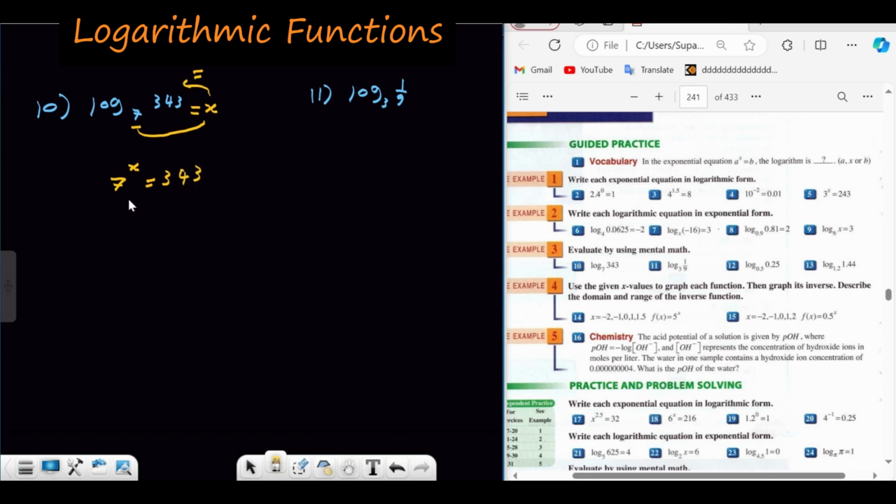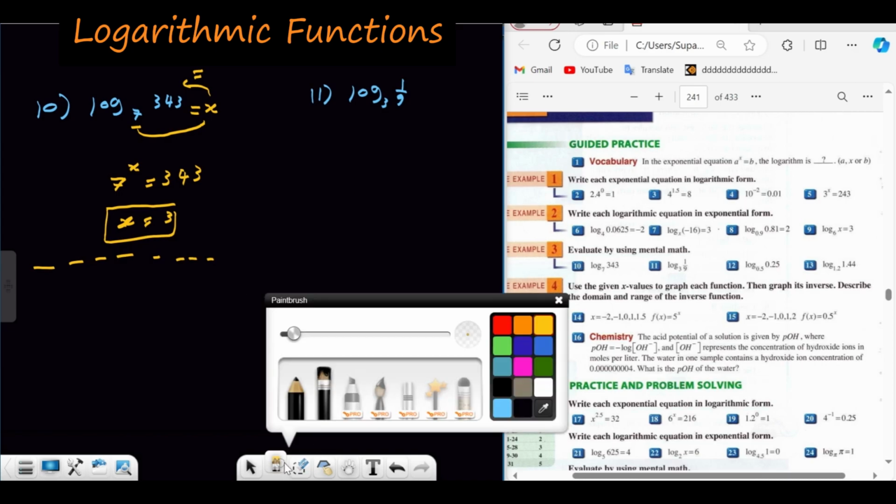If you don't have a calculator, we can use it. We know that 7 to the power 3 equals 343. So it means x equals 3. Or the second way that you can do is trying by a calculator.